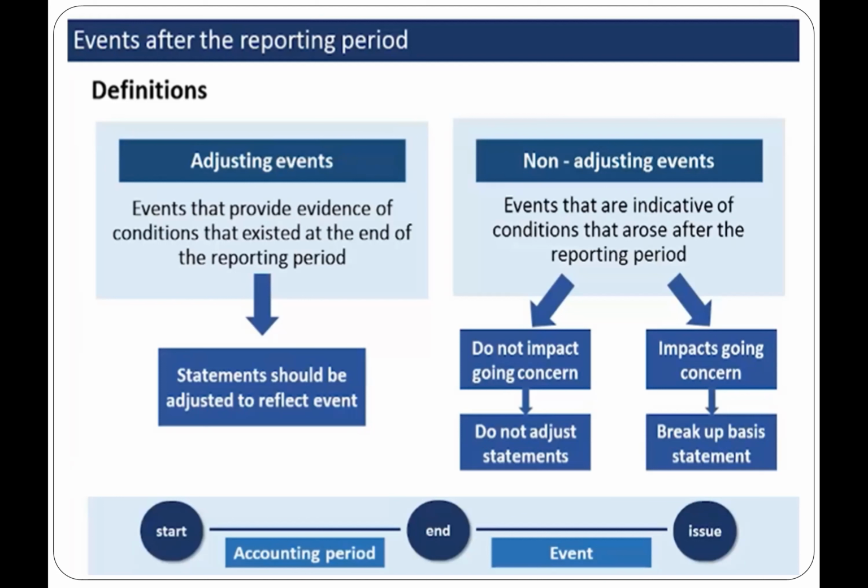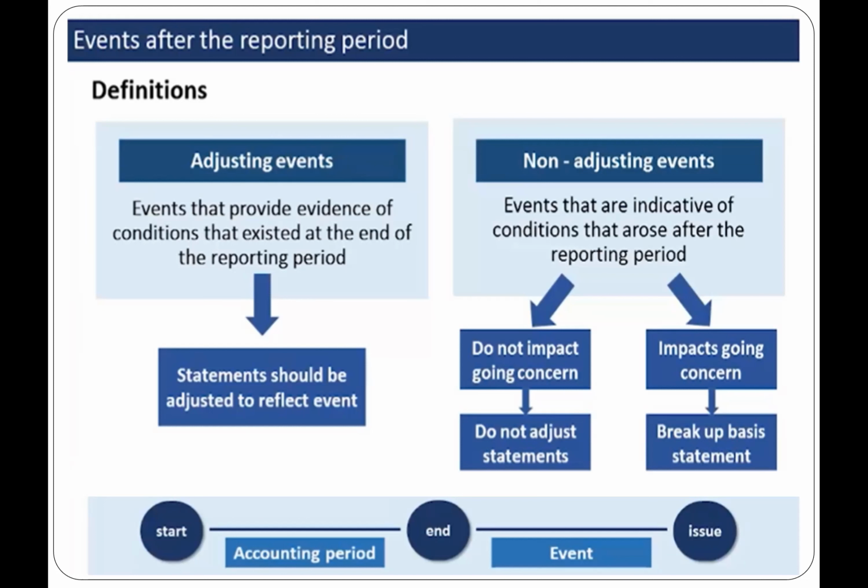So we must go back to the inventory figure and change it from 200,000 to 150,000 to reflect the fact that the stock worth 50,000 is not there because it was stolen. We go back and adjust because, even though we came to know about this after the reporting period, this condition actually existed before the year ended.